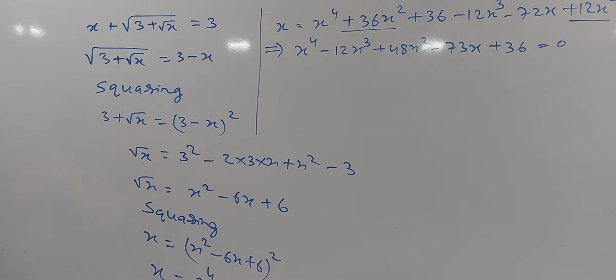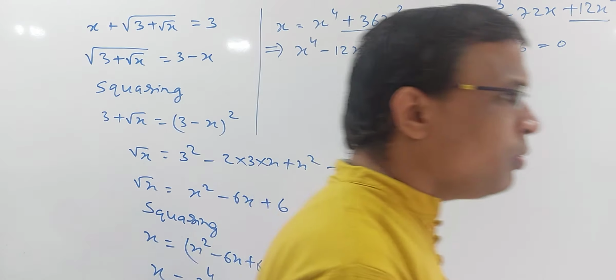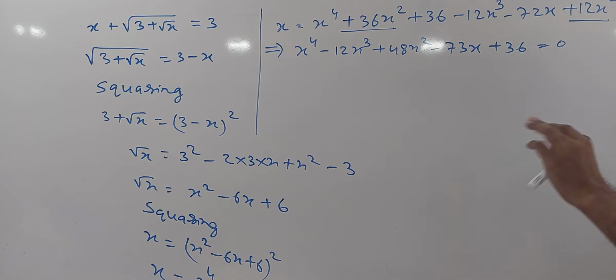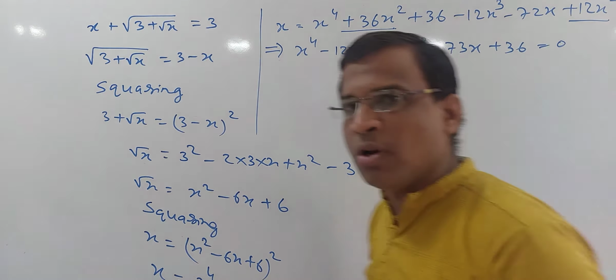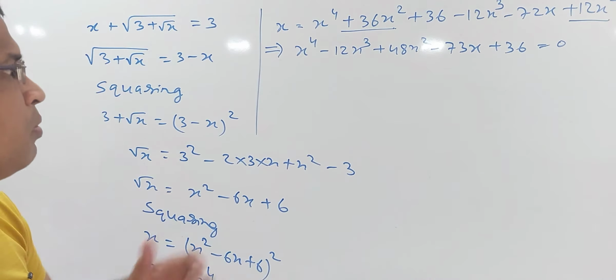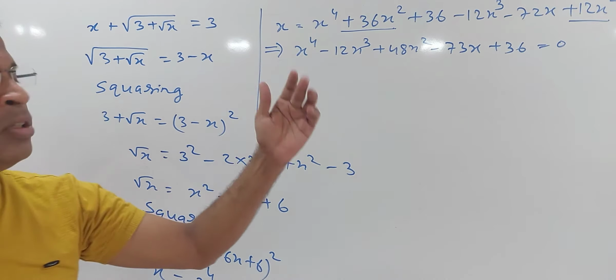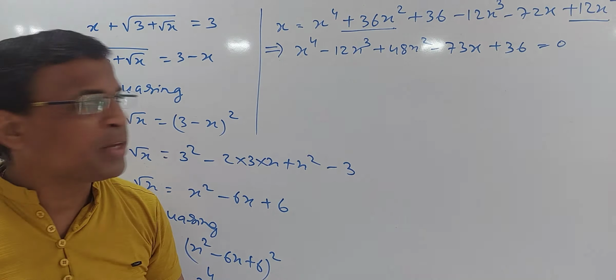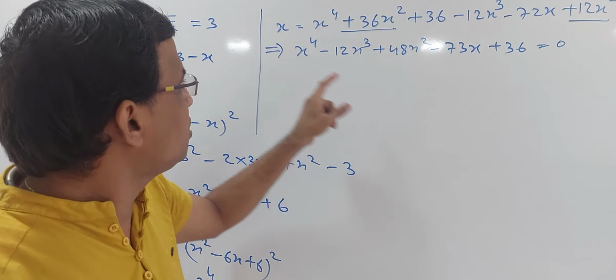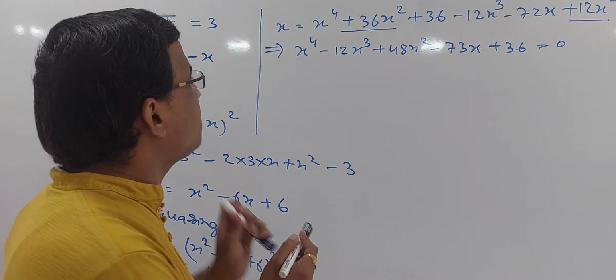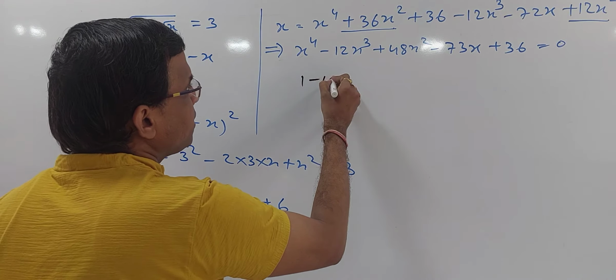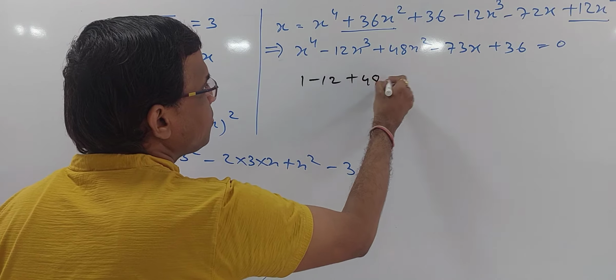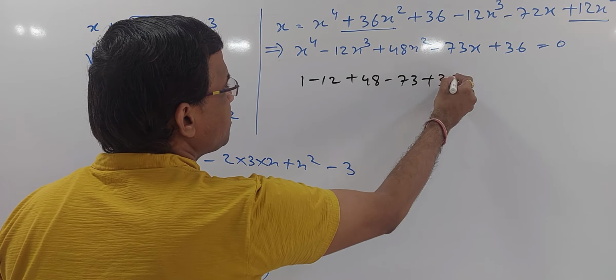Fine. So let us think about it. What can we do? The one approach which we always check is 1 or minus 1, whether 1 or minus 1 is one of the zeros, before jumping to Descartes' rule of signs. So first check for 1. I will go with the sum: 1 minus 12 plus 48 minus 73 plus 36.